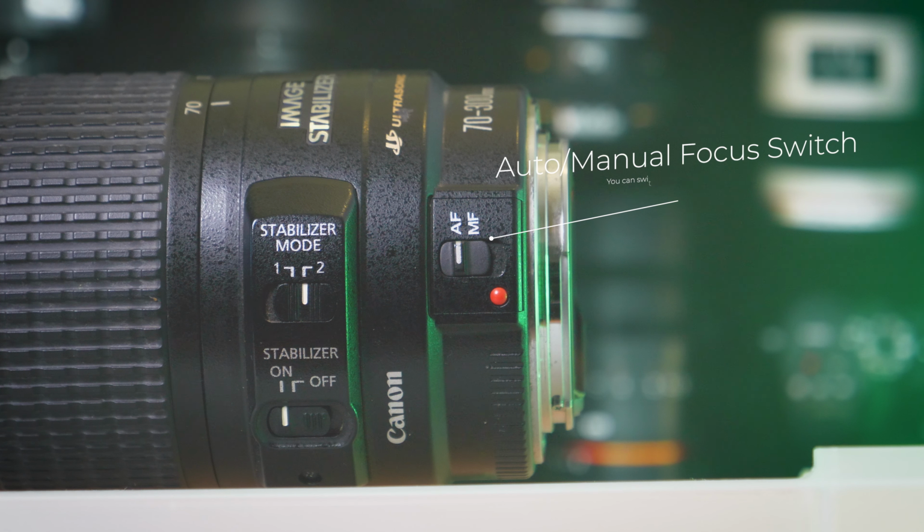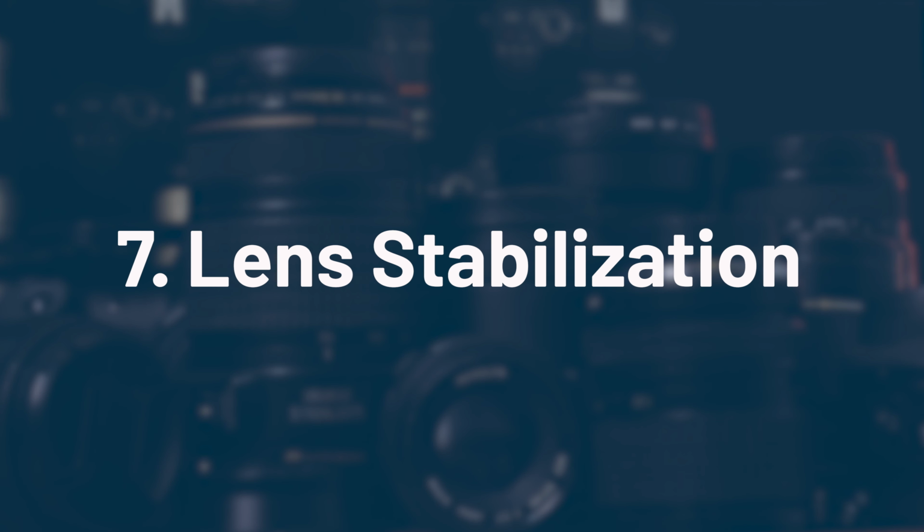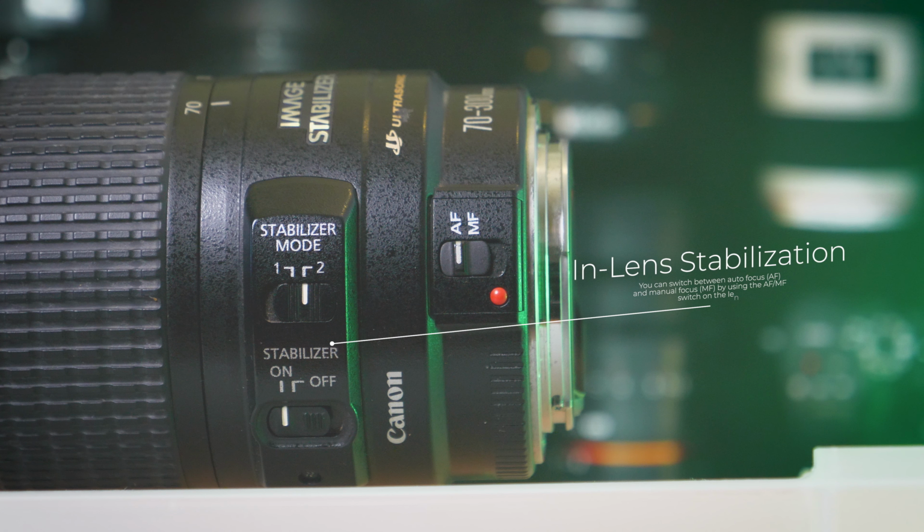This switch can be quite tricky because some lenses will have this autofocus, manual focus on the lens itself, but the camera also has a manual autofocus switch. So if you're trying to shoot in autofocus mode and you switch to autofocus on your camera, but you forget to switch the lens to autofocus, your lens will not respond and you won't be able to get focus. Other lenses have got stabilization built into the lens, so you have switches to switch on and off that stabilization in the lens. And there you are.